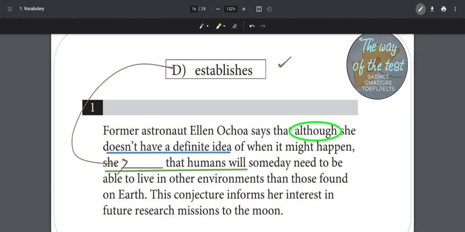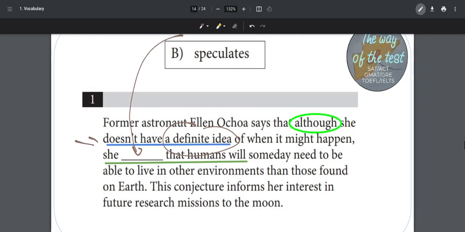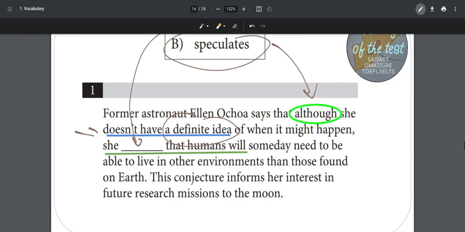I can say although it's summer, it is raining, because it is possible that it rains in summer. But I cannot say although it's summer, it is winter, because it is not possible that it's summer and winter at the same time. So in this case, establishing is too strong a contradiction of definite idea, and this is why the answer is going to be speculate, because speculate is just to talk about the future without having a definite idea, which is shown by the keyword although. So the answer is letter B.